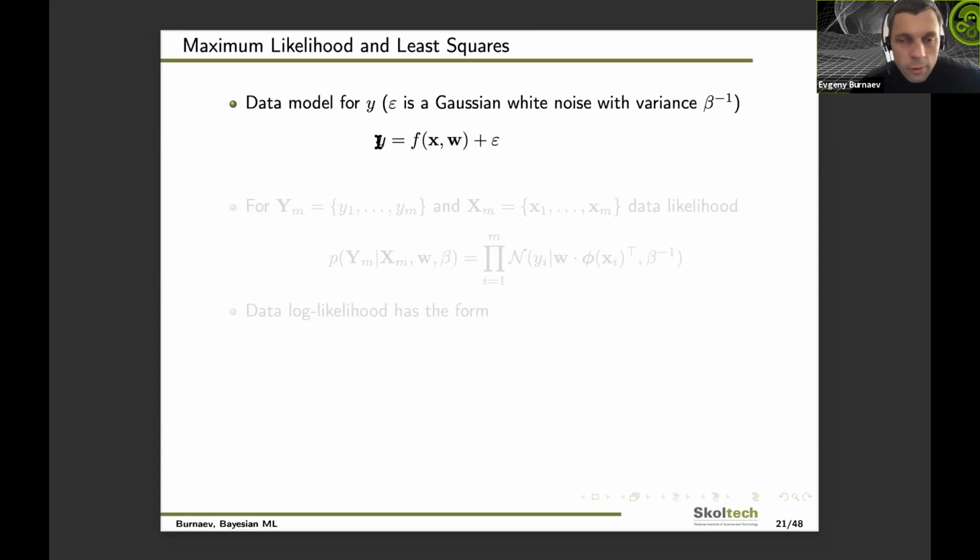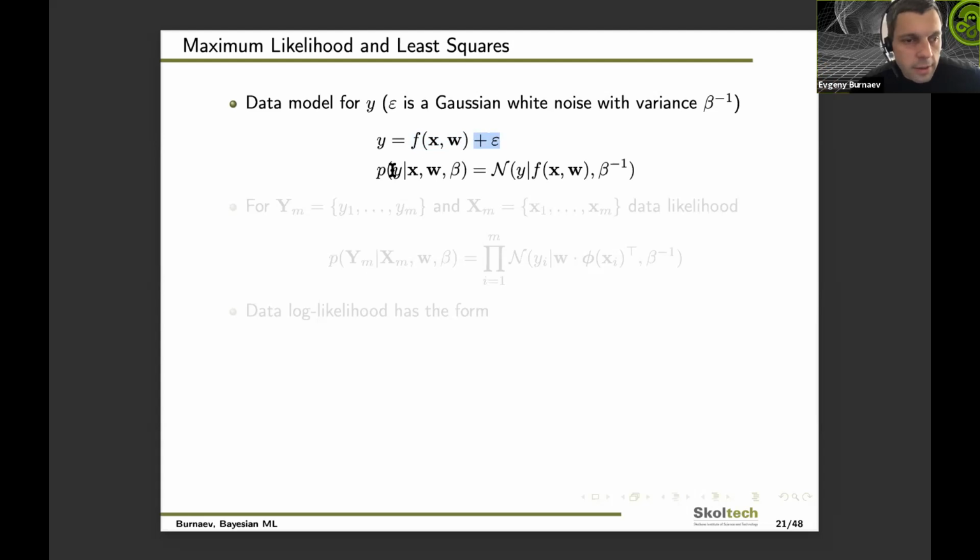We assume that our observation of y is equal to the value of the function f of x, w plus epsilon, where epsilon is a white noise. For this white noise, I assume that it also has a Gaussian distribution.